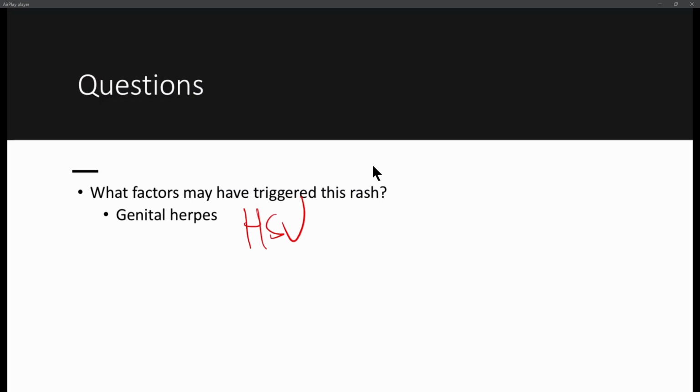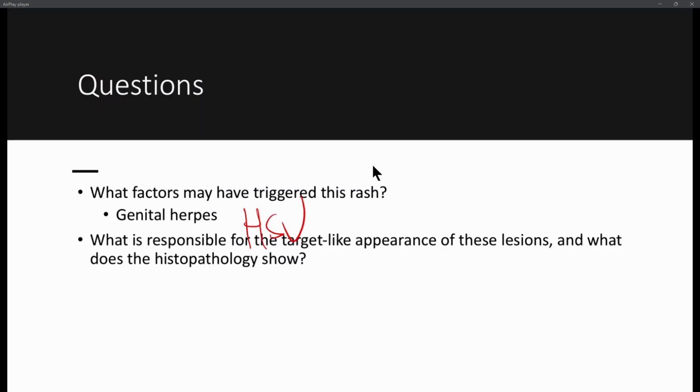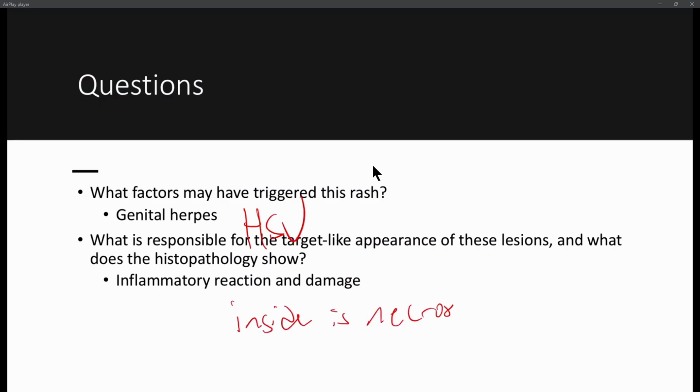So again, HSV, herpes simplex virus, is one of the underlying causes for erythema multiforme. The target-like appearance, remember, the inside has inflammatory reaction and damage, and the inside is necrosed. And that gives you that dusky, paler appearance inside the lesion because the tissue is dead.